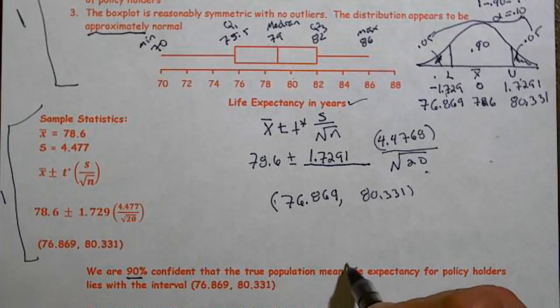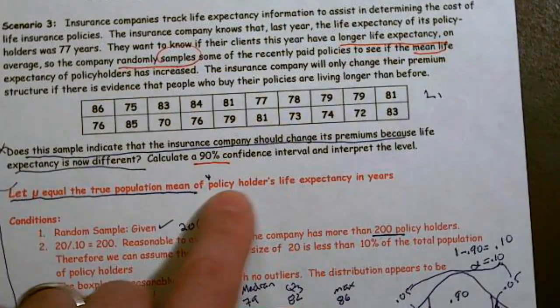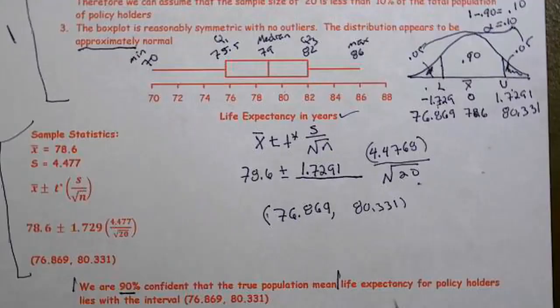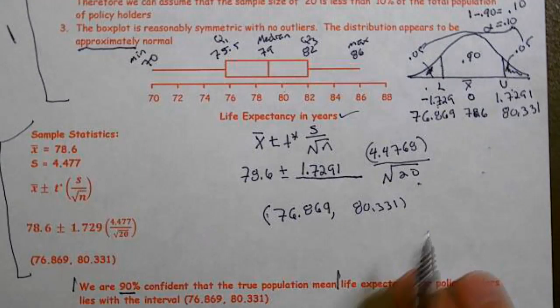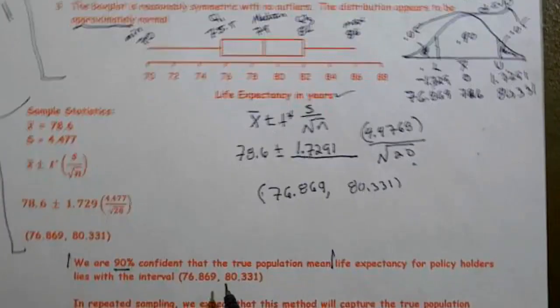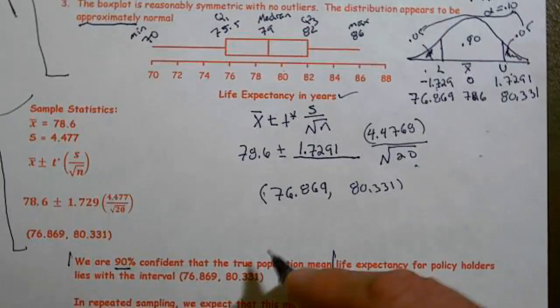This part should not change ever. True population mean, and then this is our context, which is really just what we had up here: life expectancy for policyholders. And then we need to say that it lies within our interval. So this is interpreting our interval.